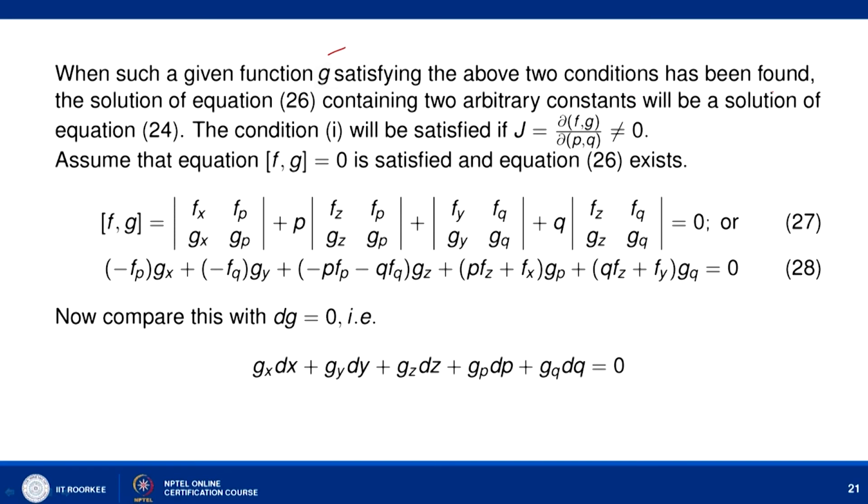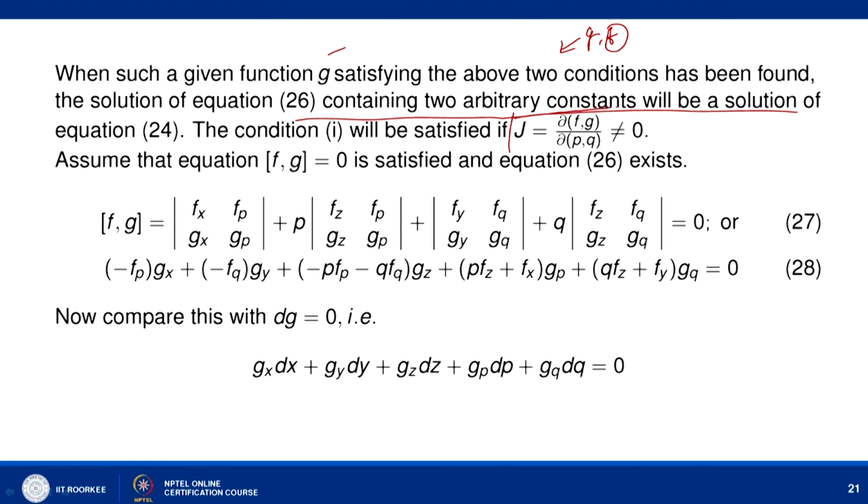So, when such a function g satisfying the above two conditions has been found, it means that if we find g such that g and f are compatible with each other, and g already has one parameter, then we can say that our solution of equation 26 containing two arbitrary constants will be a solution of equation f equal to 0, and condition 1 will be what?